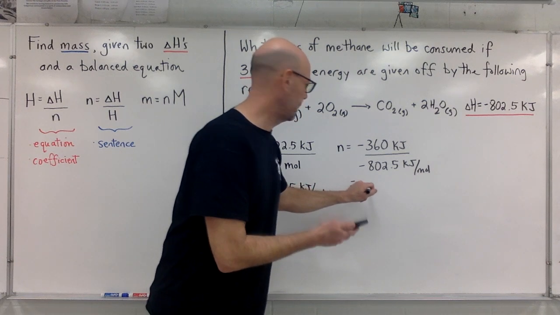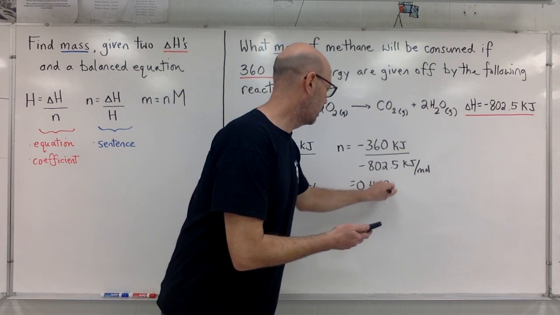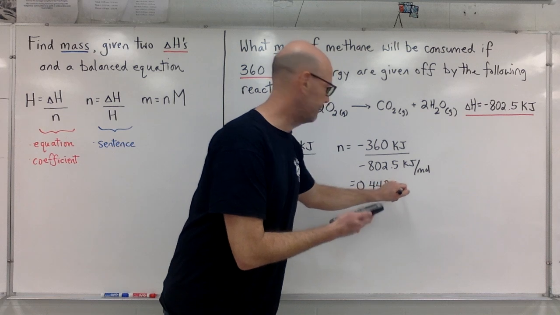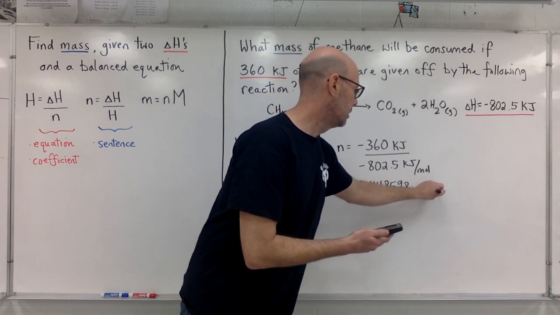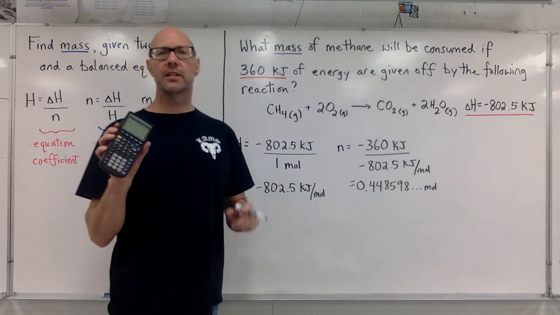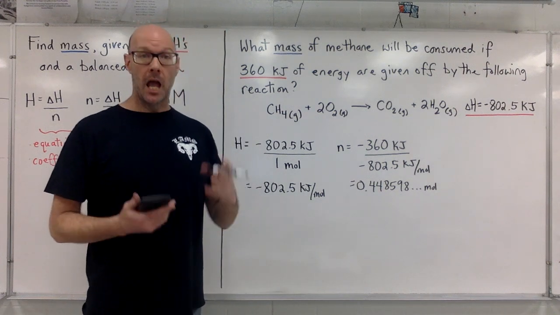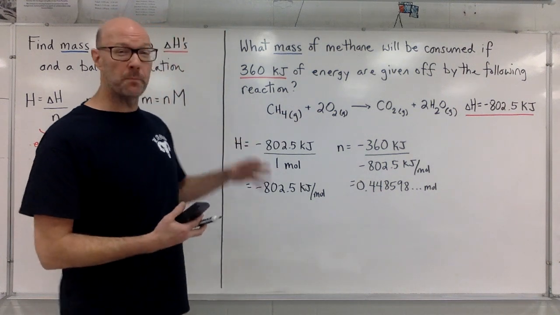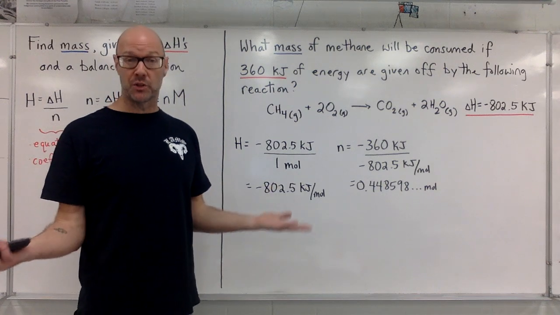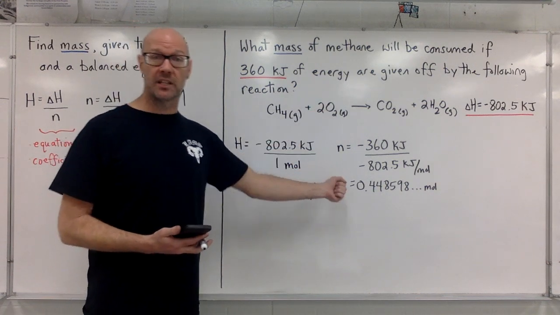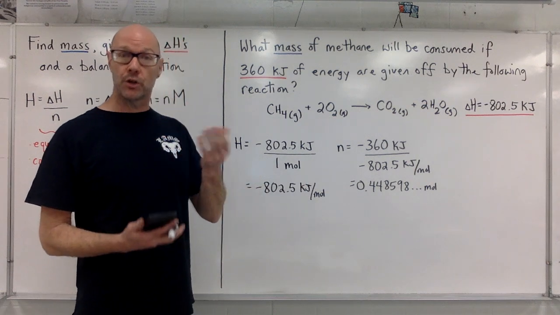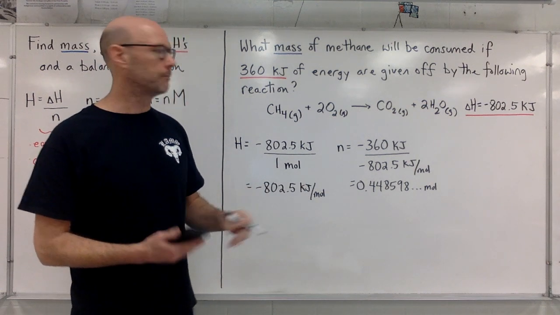I get 0.448598, etc. moles. A number that I'm just going to keep on my calculator. I feel encouraged. I'm expecting a positive mass. There's no such thing as negative mass. So that my two negatives canceled out to give me a positive moles, that reassures me that I'm on the right track.